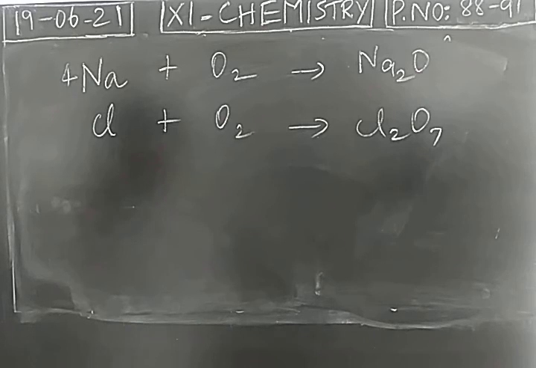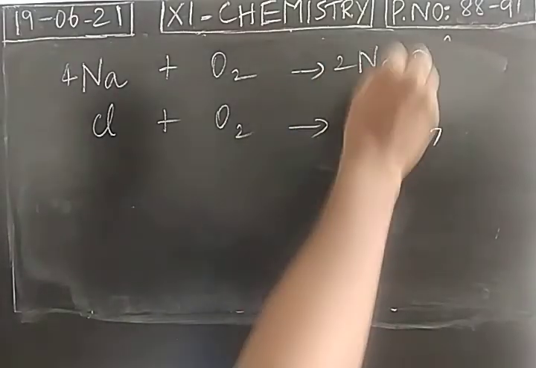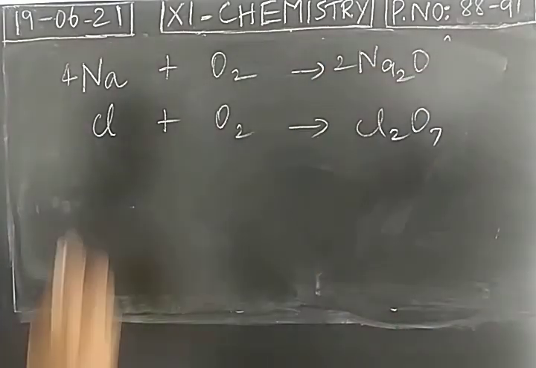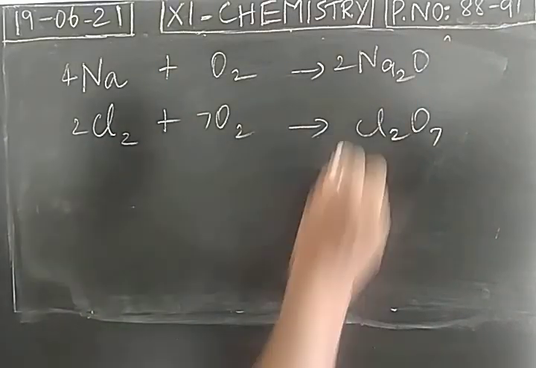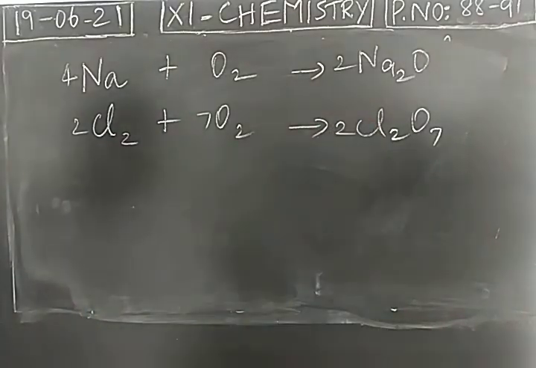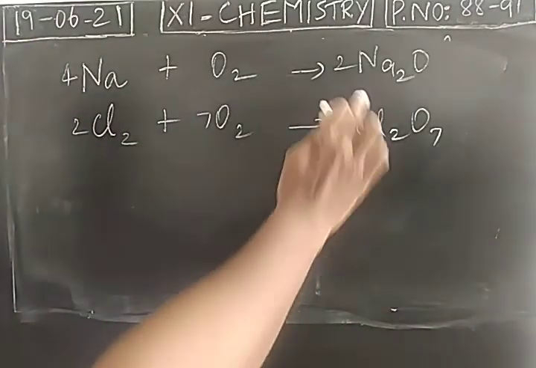When you take sodium with oxygen, it forms sodium oxide. When you take chlorine with oxygen, it forms chlorine oxide, chlorine heptoxide. Okay, 7 oxygen atoms, so chlorine heptoxide. So both elements form oxides, but the nature of the oxide is different.